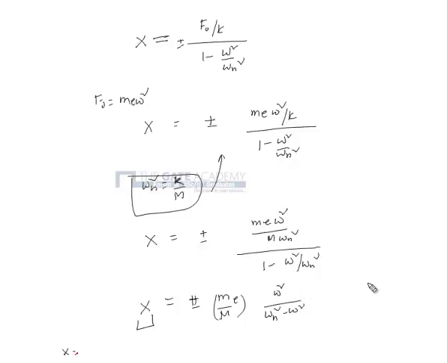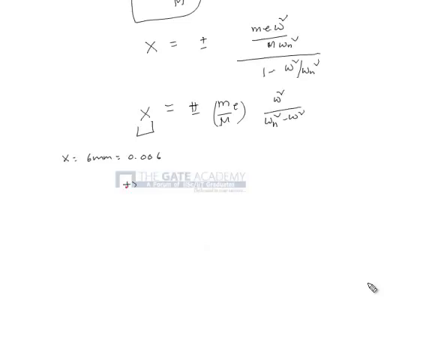So let's take x as 6 mm, that is given, so 0.006, and let's take the positive sign first and find out omega. Small m is 0.125, capital M is 75, the eccentricity is 0.25, into omega square by omega n, which I found out as 19.80, minus omega square.